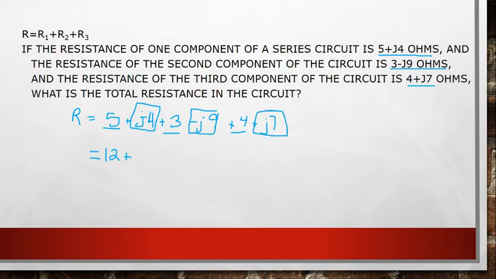So 4 minus 9 gives me a negative 5, plus 7 gives me a positive 2. So I'm going to have a positive 2j. So my total resistance in this circuit is 12 plus j2.